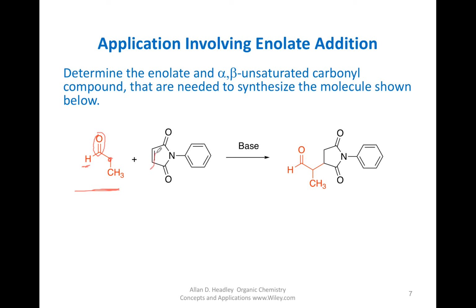Here is our alpha beta unsaturated carbonyl. So this as an enolate will react here, and here's that new bond. And of course, what we have here is the addition to the alpha beta to form the new product. That's called the Michael addition.